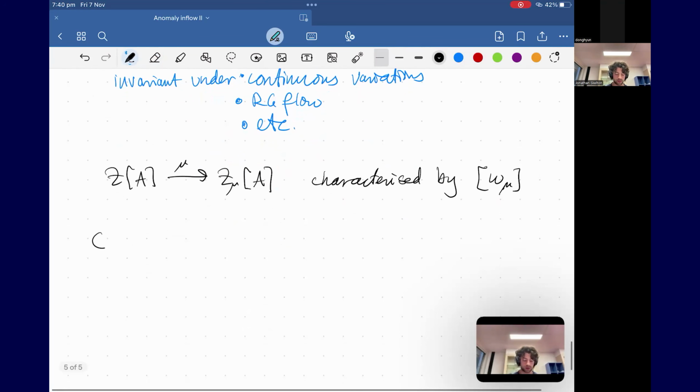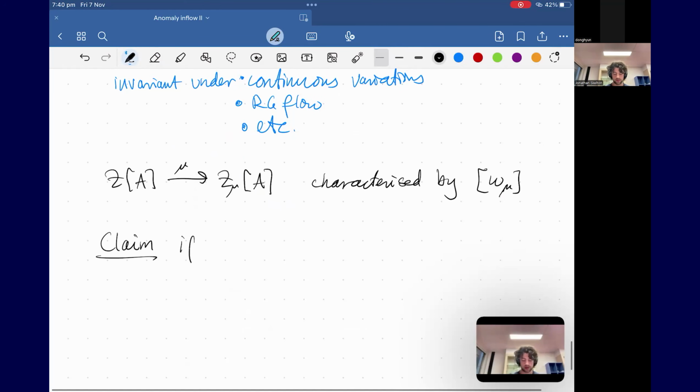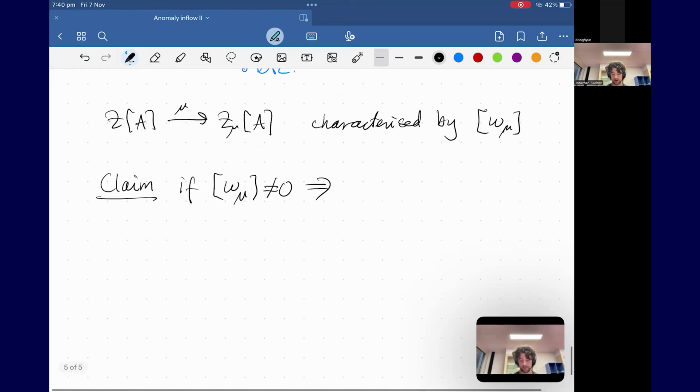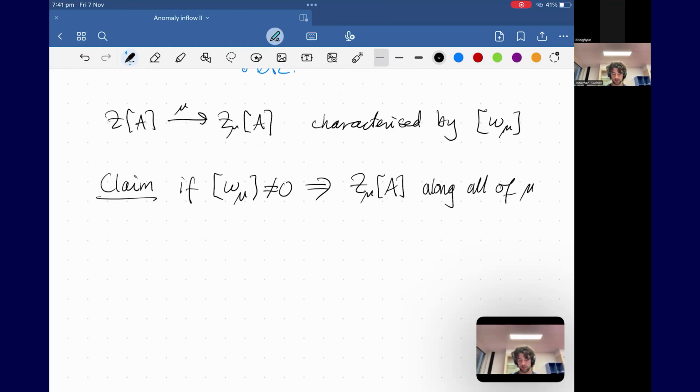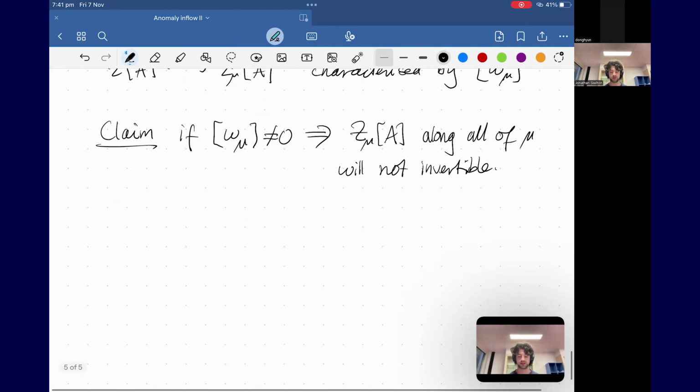So the important claim here, which allows us to classify the IR physics, is that if the equivalence class is non-zero, then Z mu along all of mu will be not invertible. So in other words, what this means is it's not going to be a trivial theory. So this basically is a non-trivial theory.